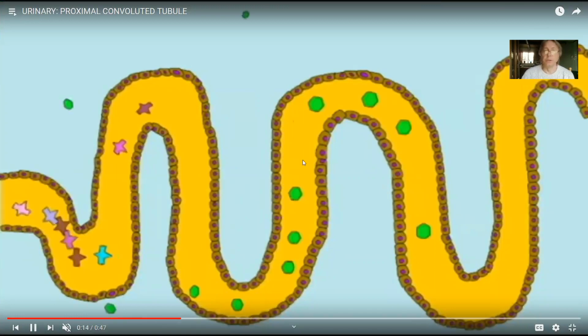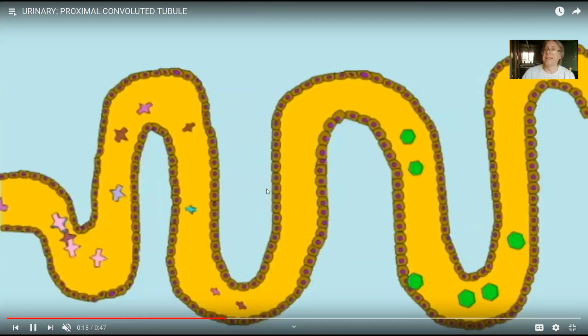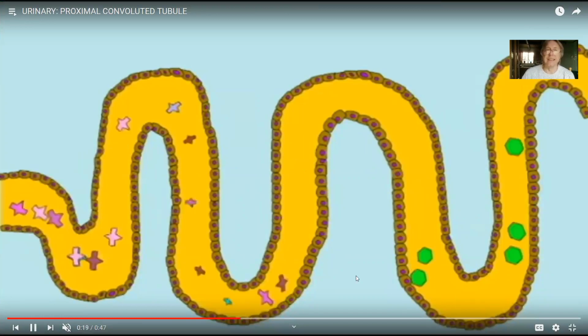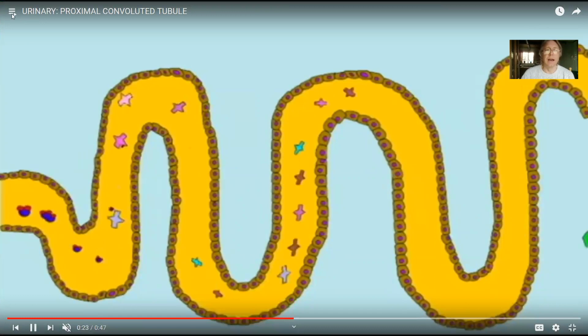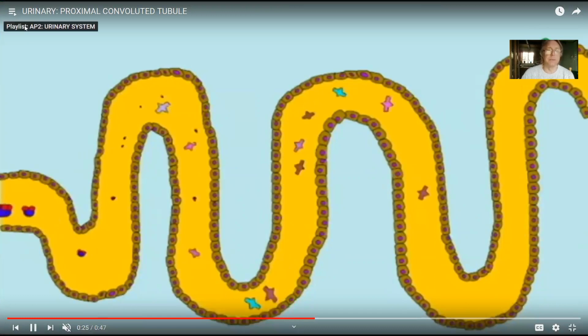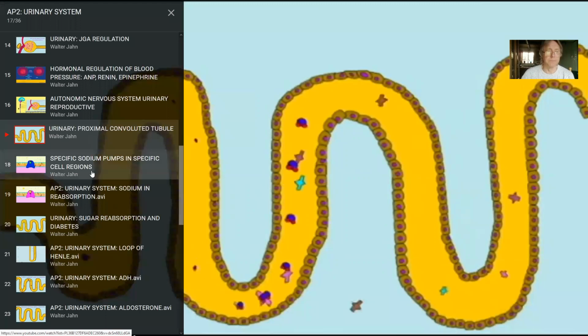This filtrate includes glucose, amino acids, salts, things that we want to stay in our body. And so these other solutes, they must be reabsorbed.